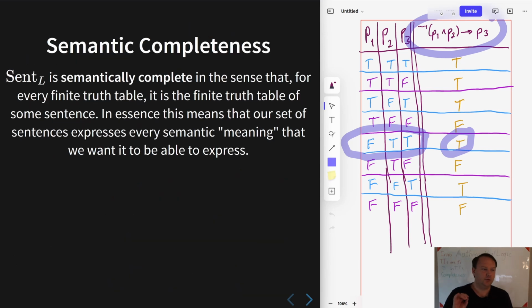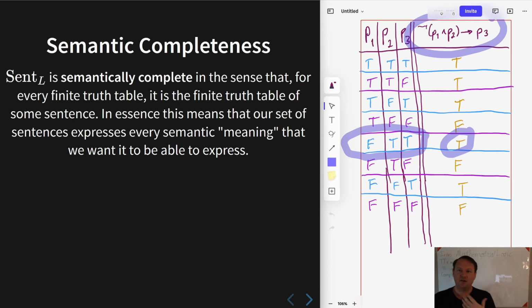Okay, so to carry on to talk about semantic completeness, I'm going to define this somewhat roughly as something to do with finite truth tables. Because as we've mentioned before, truth value assignments are assignments to an infinite collection of atoms, and when dealing with truth tables, we want to focus only on finite segments.